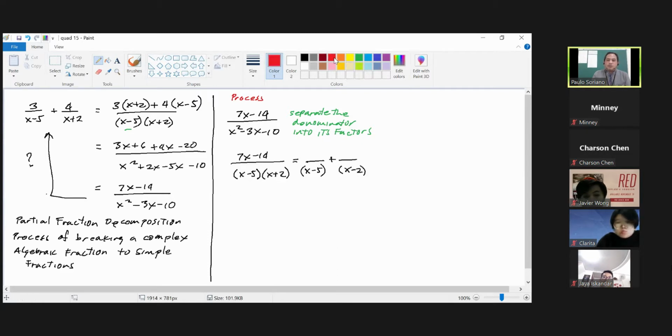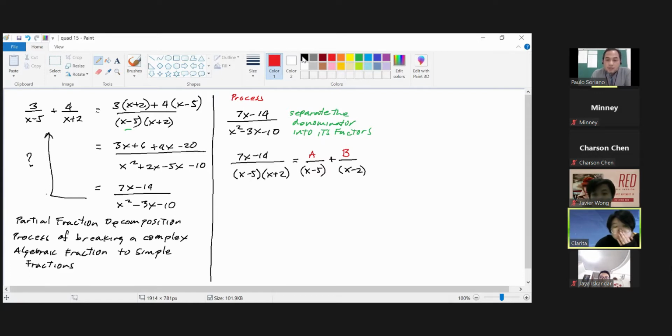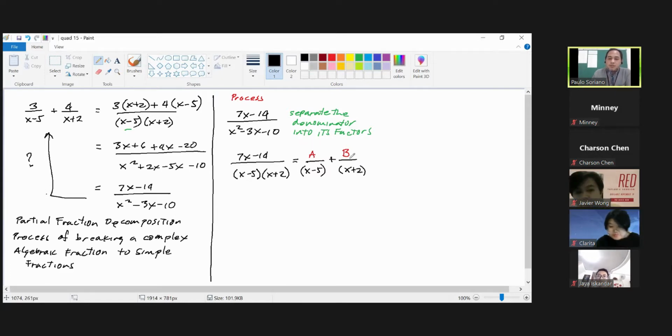So what will be the new numerators? I do not know, so I'm just going to label them first with variables, A and B.